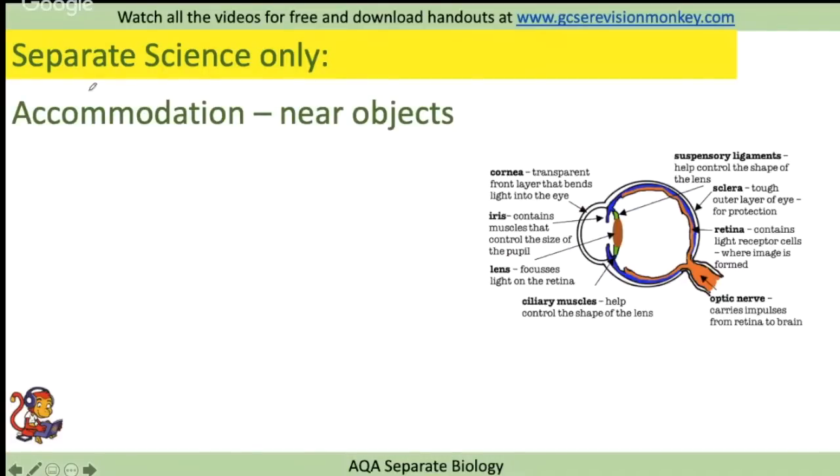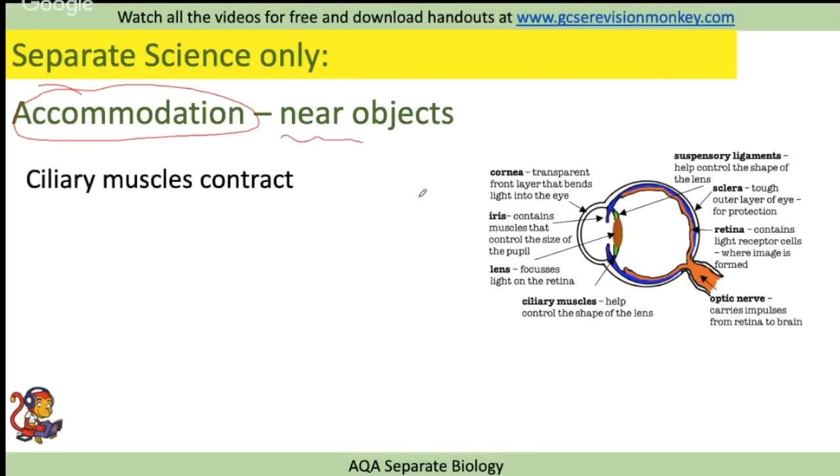Accommodation, we're going to go through this in a little bit of detail. Accommodation is when your eye changes shape, when your lens changes shape to look at either objects that are close to you or far away. So let's look at near objects first of all. For objects that are close to you, your ciliary muscles contract. These are muscles that are attached to your suspensory ligaments just here.